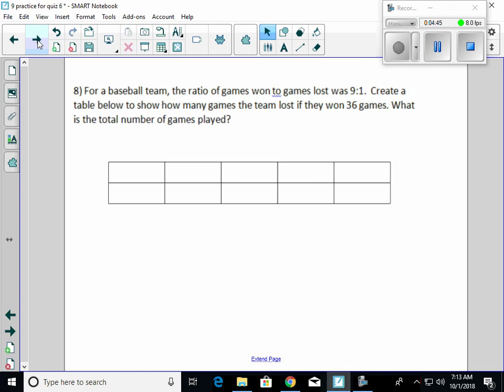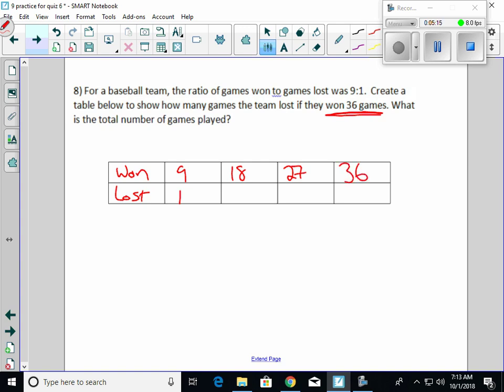For a baseball team, the ratio of games won to games lost was 9 to 1. Create a table below to show how many games the team lost if they won 36. For the winning row, I have to keep going up by 9 until I get to 36.